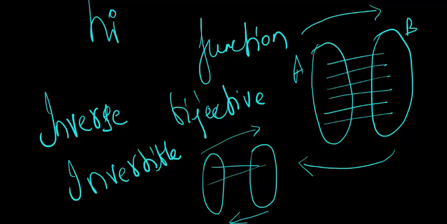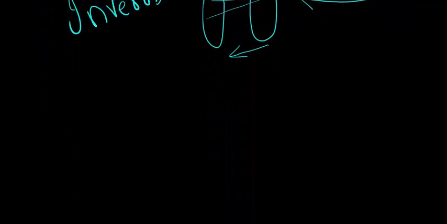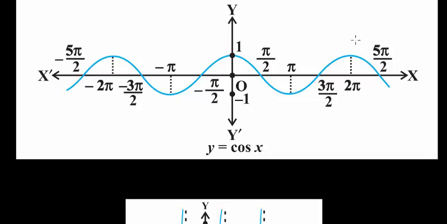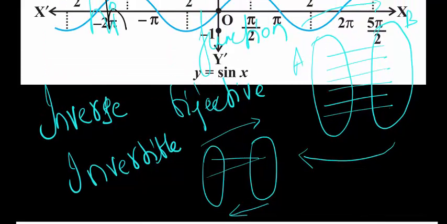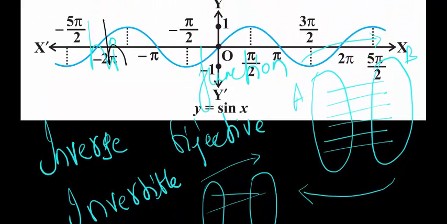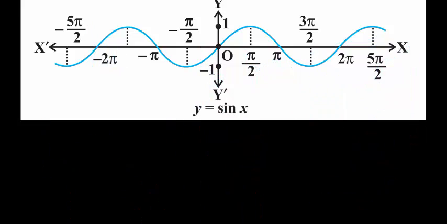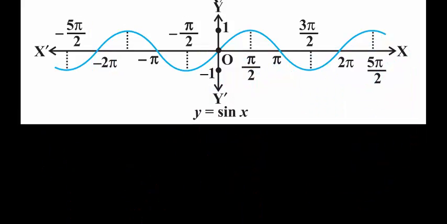Now what we're going to do is learn about sine functions. Let's look at a sine graph. That's my cos graph. Let us look at a sine graph. That's my sine graph, right?